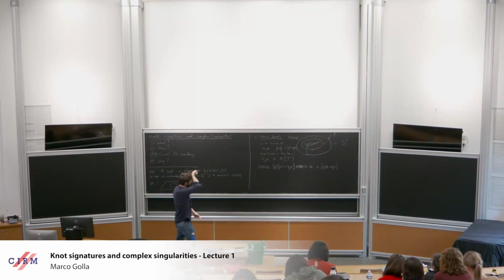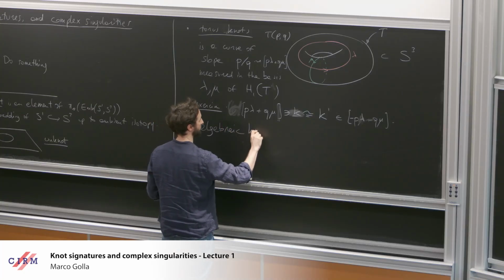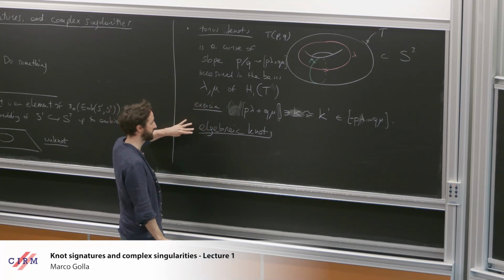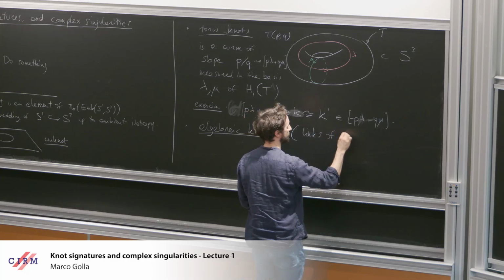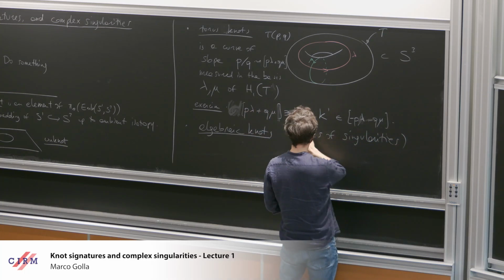and actually, to tie with the last word in the title, complex singularities, torus knots are a special case of a broader family of knots that are called algebraic knots. Actually, not everybody agrees on terminology, but let's stick that algebraic knots are links of singularities. And what are these?